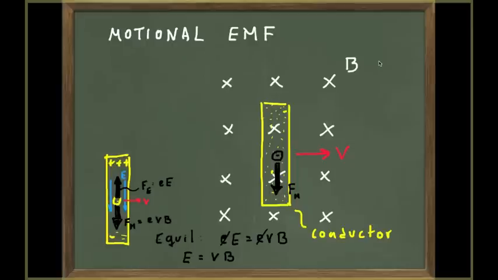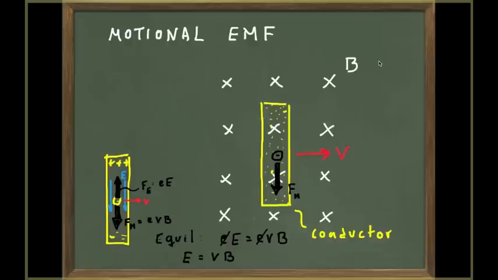The electric force is in magnitude the charge of the particle times the electric field, and that in magnitude should be equal to the magnetic force, Lorentz force, which is QVB. And I'm not worrying about the cross product here, because the direction of V and the direction of B are perpendicular, so the sine of the angle is 1.